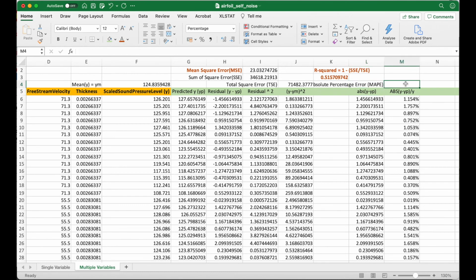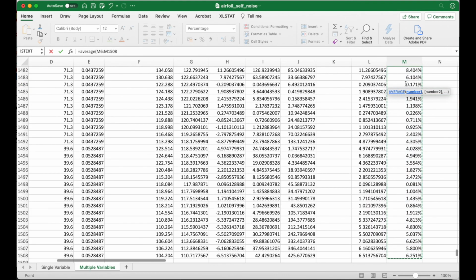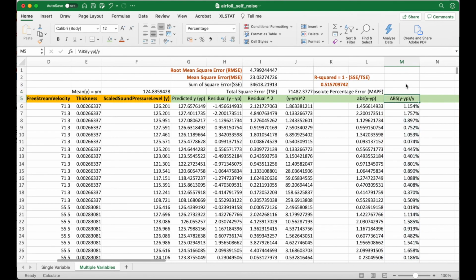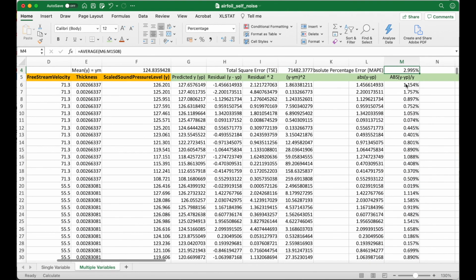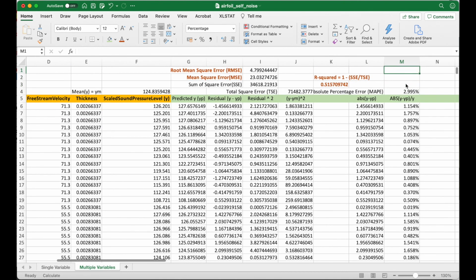So I could determine that now. This is nothing but I take the average of all these values that I have computed. Average of all these absolute percentage errors. If I take that, this gives me the mean absolute percentage error. Now this mean absolute percentage error is another measure of the goodness of my model.